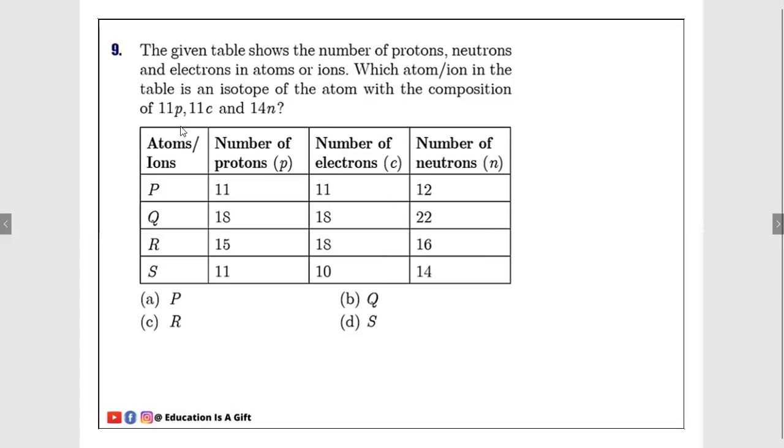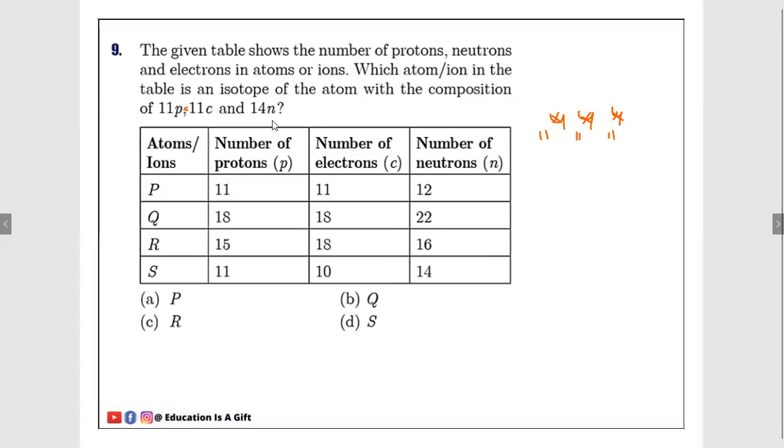Which atom or ion in the table is an isotope? So isotope, we know, for example, if you are taking X, X, X or Y, Y, Y, you can take three similar atoms. What they are asking, 11 proton, 11 electron. Electron count, proton count is equal. So here what we can take, 11. So 11, 11, 11. And 14 neutron they are asking.